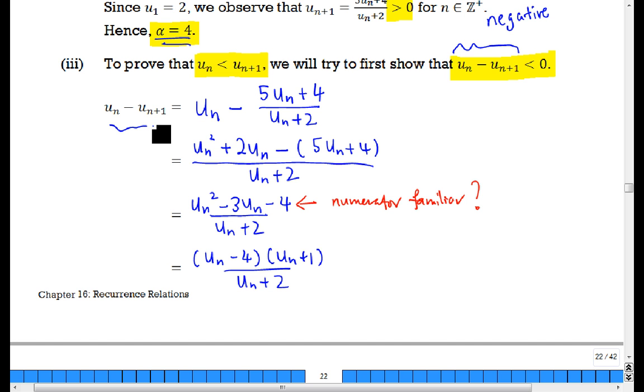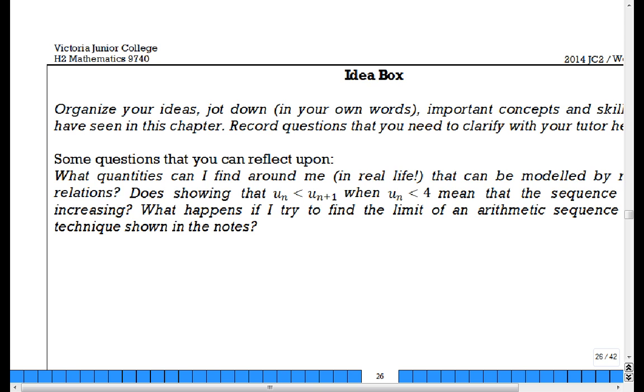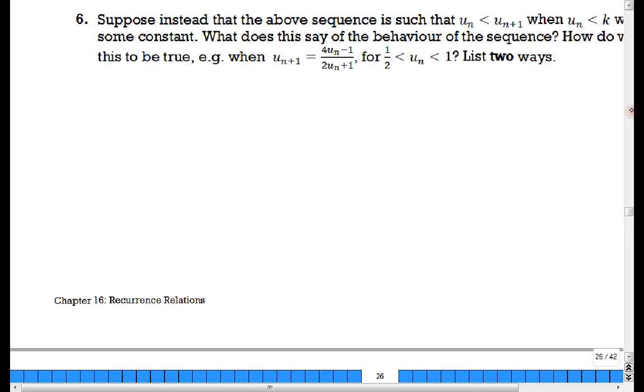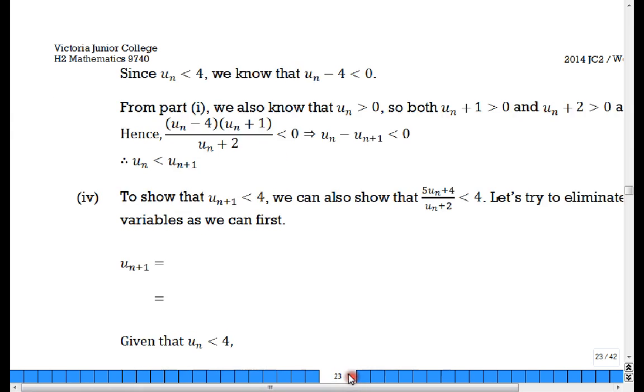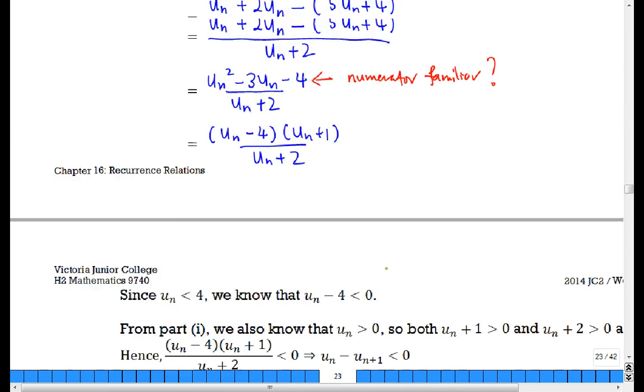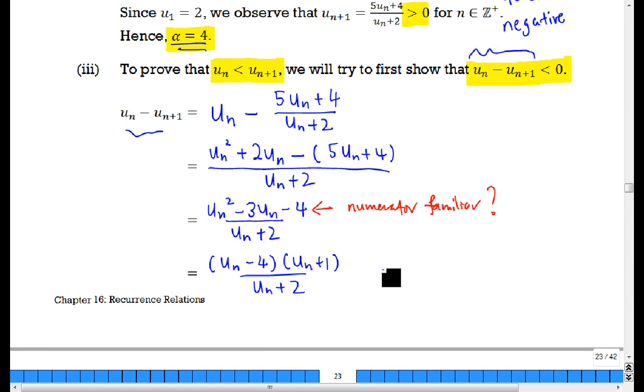If I can show that this is negative and this is positive, I'm done, because no matter what, negative times positive will always give you negative.